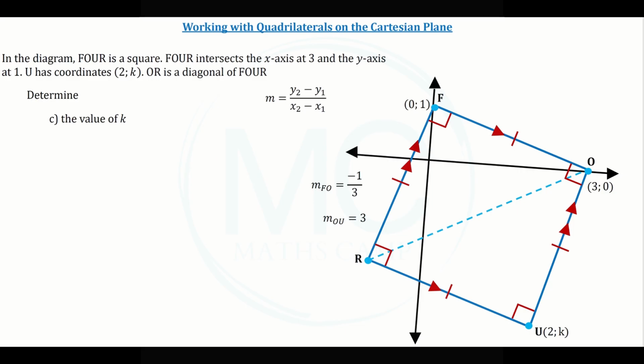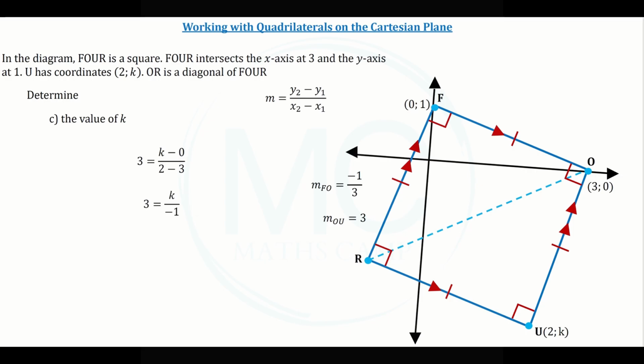So let's say that O is our first point and U is our second. Our gradient is 3. So we can say 3 is equal to K minus 0 all over 2 minus 3. Now we have 3 is equal to K minus 0, which is simply K, over 2 minus 3, which is negative 1.